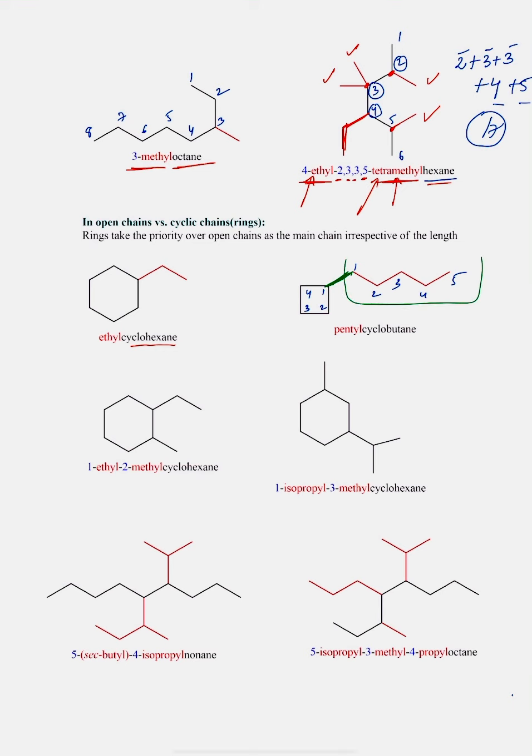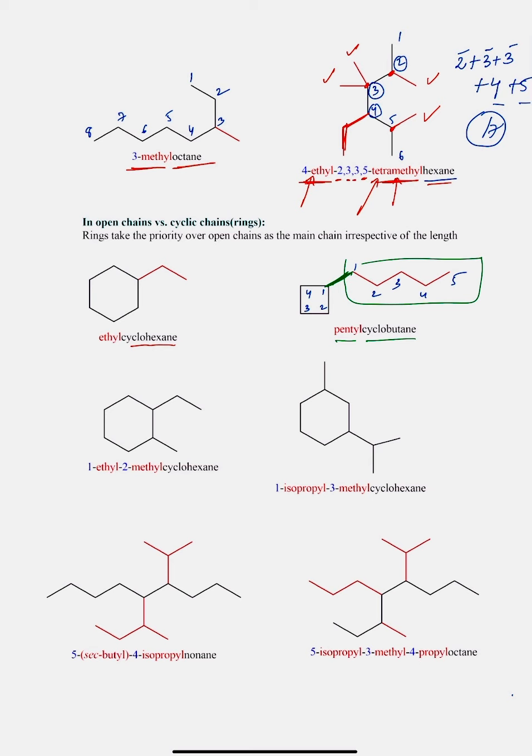Is it the longer straight chain or the smaller ring? Even if the ring is smaller, it is always given the status of the parent chain, and hence the substituent is pentyl and the parent chain is cyclobutane. Hence the name is cyclobutane with a substituent pentyl in front of it. That's the name of the compound, pentyl cyclobutane.